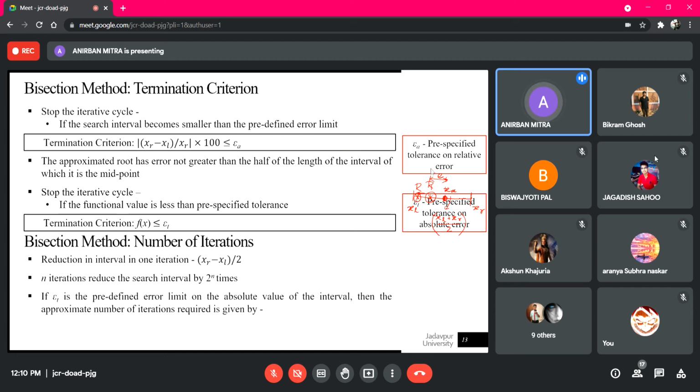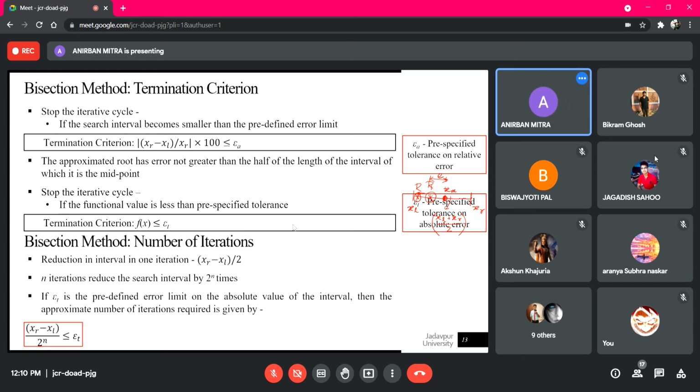And if epsilon t is the predefined error limit on the absolute value of the interval, then approximately the number of iterations can be obtained through this formula. So XR minus XL is the original interval that is divided by the factor 2 to the power n.